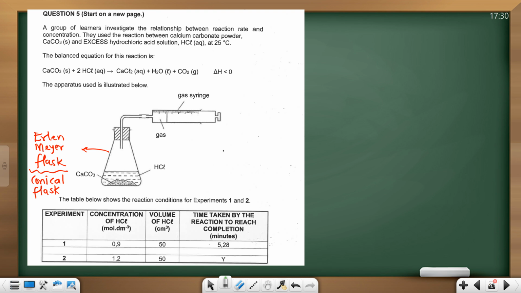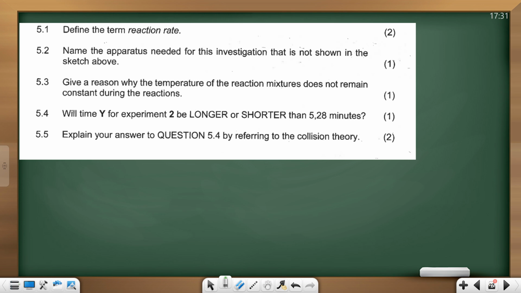Greater or smaller than? Smaller. It's going to be smaller than because the reaction rate is faster. You've got to be careful with high reaction rate and little time. It's like going to the mall. If you drive at a high speed, you use a shorter time. They want to play tricks with that time. Okay, guys, smaller than.